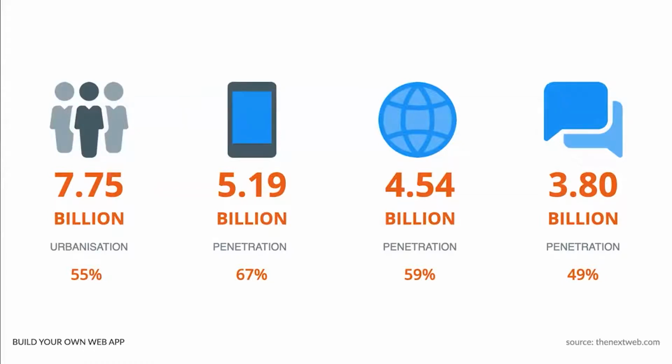There are 7.75 billion people who are able to access the internet. And we have 5.19 billion mobile penetrations. So a lot of mobile phones can access the internet already. Obviously, smartphones, I'm not mentioning Nokia 3310 or those mobile phones. So for smartphones, we have 5.19 billion penetrations.